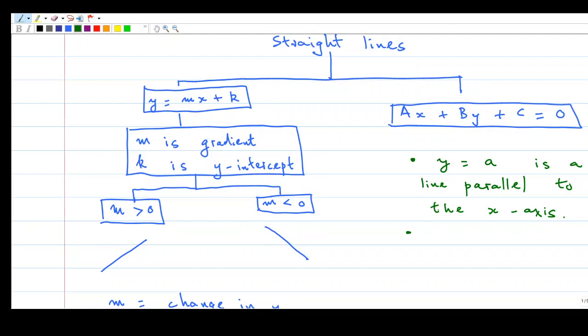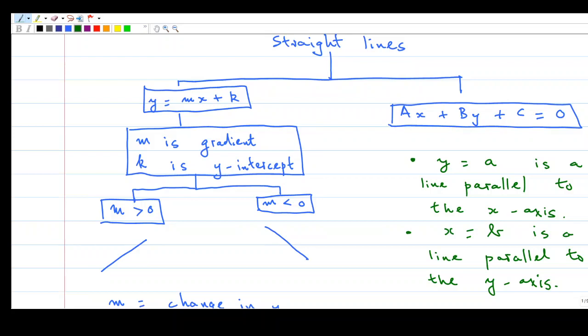You could, by solving sometimes for x, end up with x is equal to, say, some constant b, and this is the defining equation of a line parallel to the y-axis. Okay, so that is your summary in terms of a flow diagram.